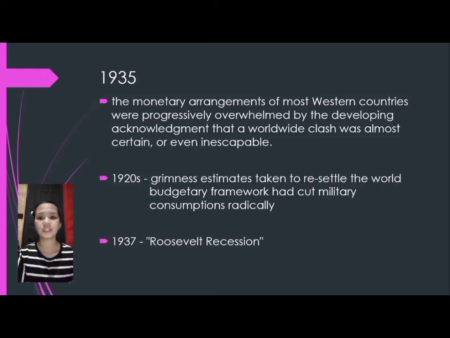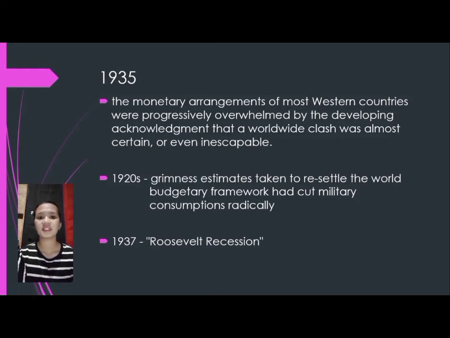So, during the 1920s, efforts were made to restore the world financial framework and military consumption had been cut radically. Yet, with the armament of the Axis powers, war in Asia, and fears of the USSR exporting socialist upheaval, the priority moved toward combat hardware and away from restoring the gold standard.